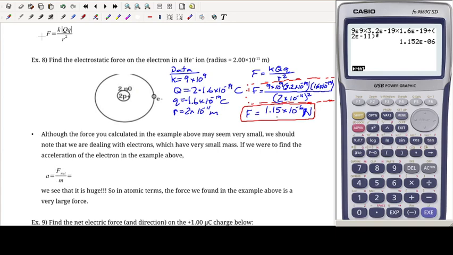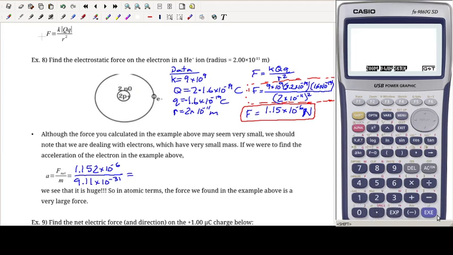If my net force is this 1.15, I'm going to not round it yet when I plug it back in. So 1.152 times 10 to the minus 6 is my force. The mass of my electron is 9.11 times 10 to the minus 31. Let's see what that gives me. I can just hit divide to keep my previous answer. Divide by 9.11E negative 31.